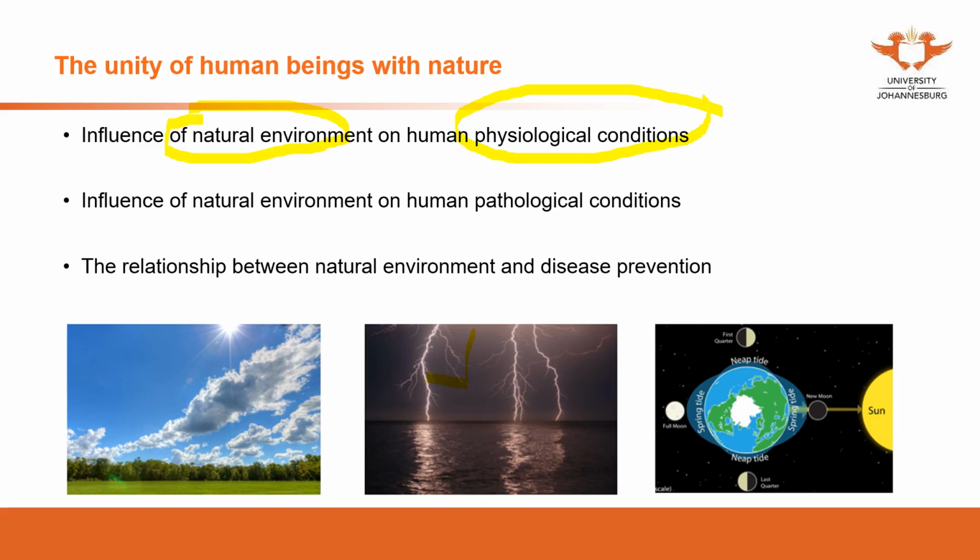How can the natural environments affect our pathological condition? How can these elements cause diseases? How can we use the principles of these natural environments to help us to treat diseases or to prevent diseases? So that's the unity of human beings with nature.